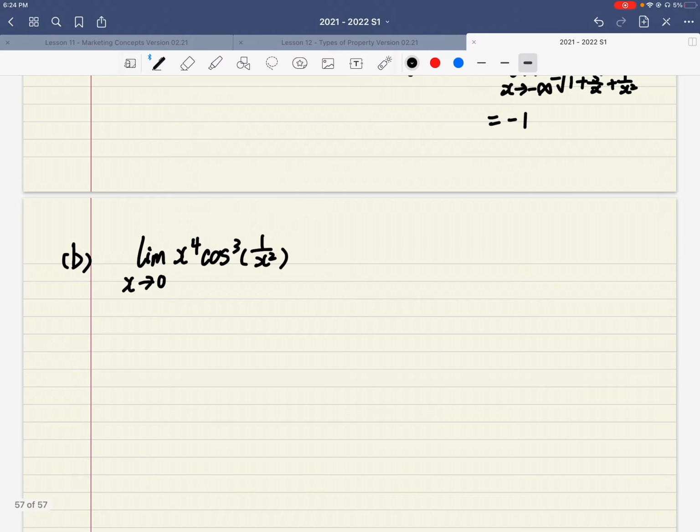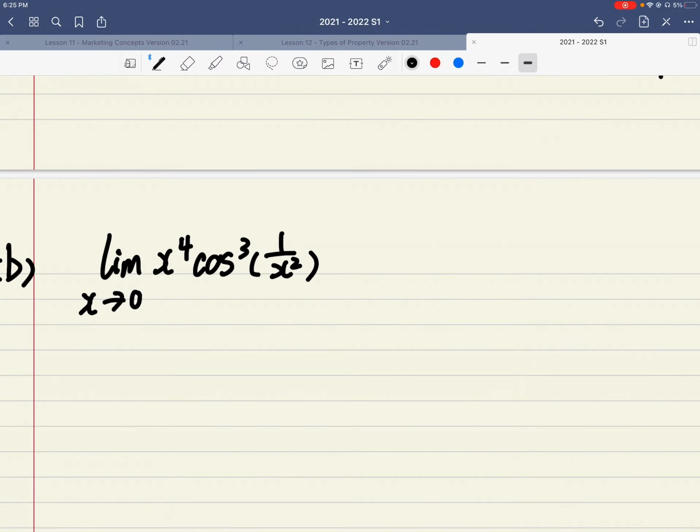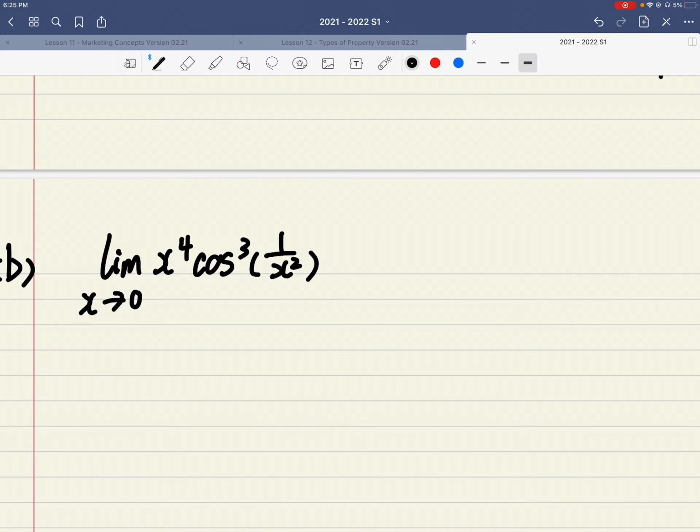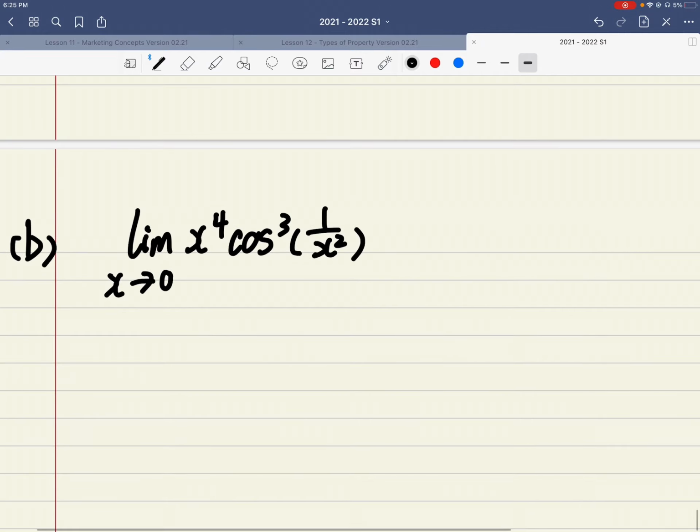Why do you need the squeeze theorem? Because when x is approaching 0, yes, this part is approaching 0. But this part, 1 over x squared, is approaching infinity. So it's cosine of something approaching infinity, and because cosine is a periodic function, you don't have a certain result. So that's why we need to use the squeeze theorem.